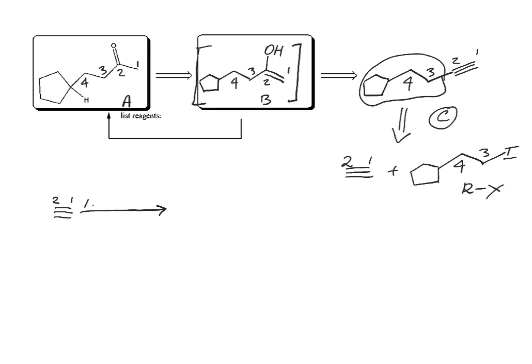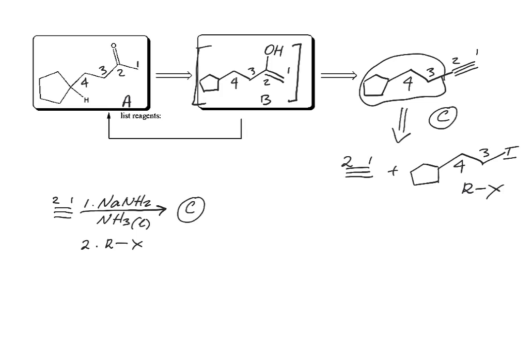First, we'll deprotonate one of the terminals, one of the hydrogens of acetylene using sodium amide in liquid ammonia, followed by addition of the alkyl halide Rx. That will give us extended alkyne C.